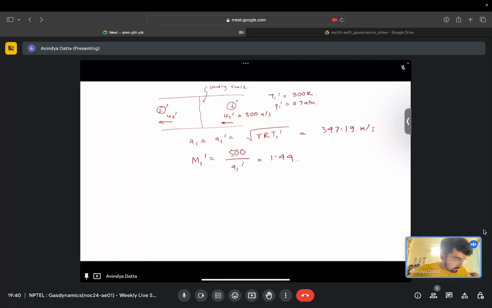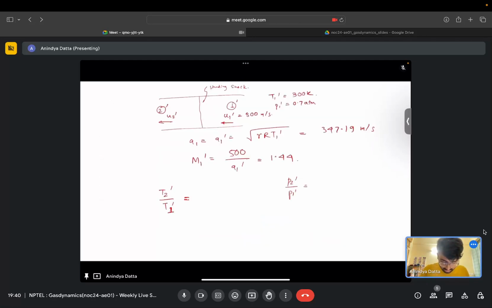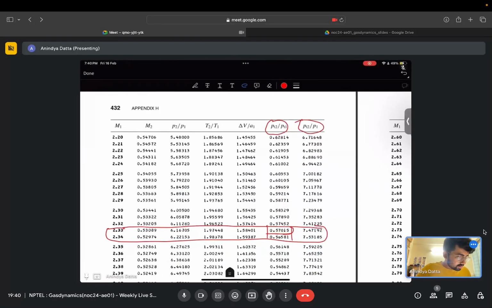Let's see. Then we have to find T2 prime by T1 prime, this ratio, and P2 prime by P1 prime, this ratio, we can find from the normal shock table. So we have a Mach number of 1.44. Let's go to the normal shock table.